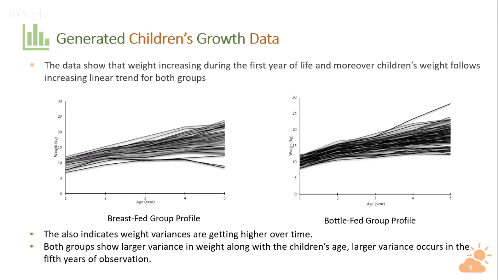the weight data indicate that the variance in the breastfeed or the bottle feed group is getting higher over time. The variance of the weight increases over time from the first year to the fifth year. And both groups show a larger variance in weight along with children's age, with the larger variance occurring in the fifth year's observation. I think it shows us that the variance of the data is not constant.